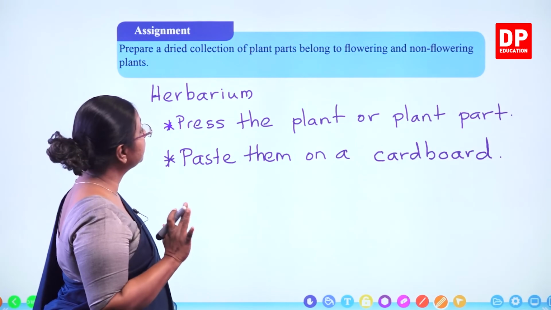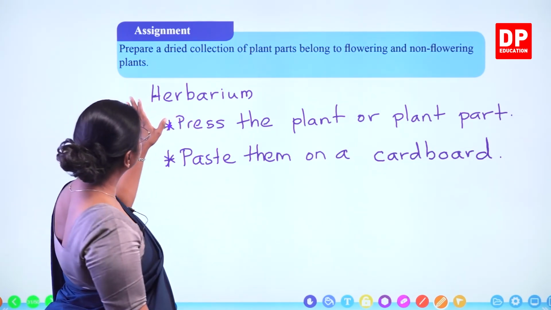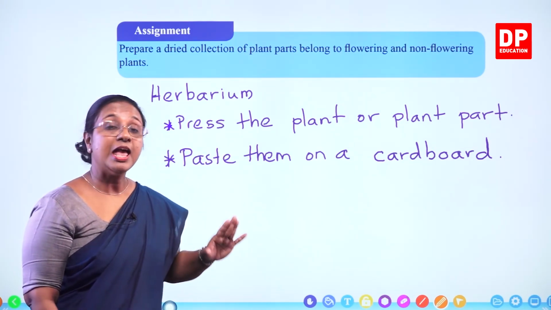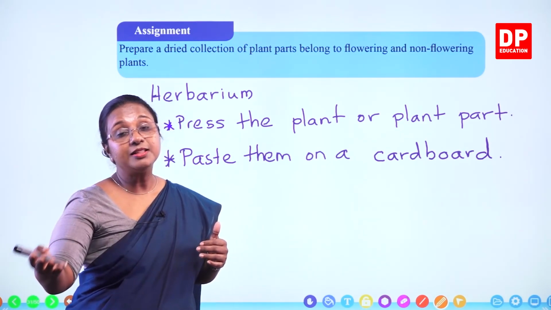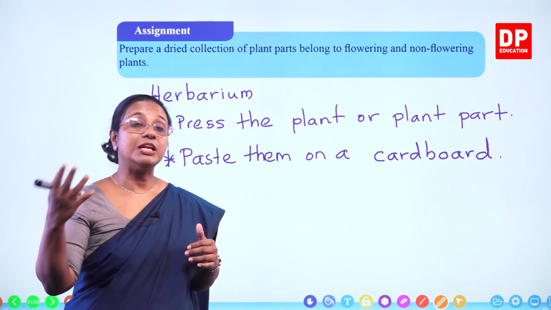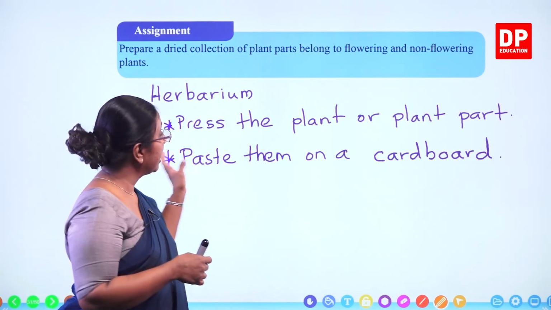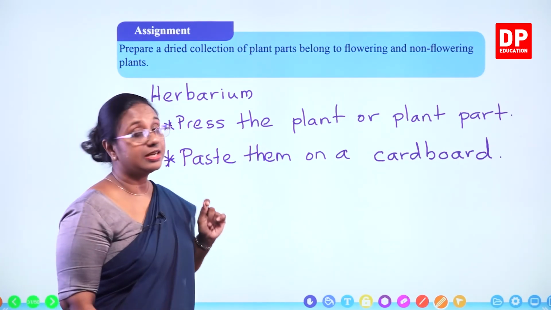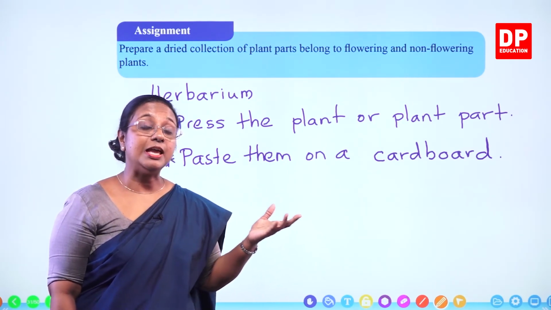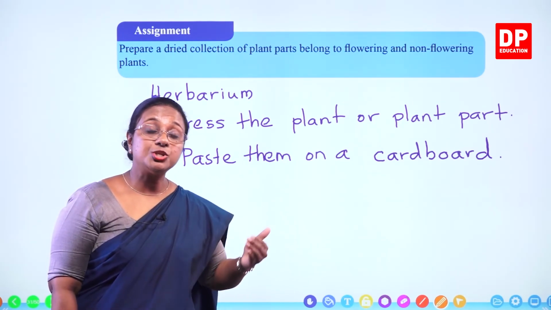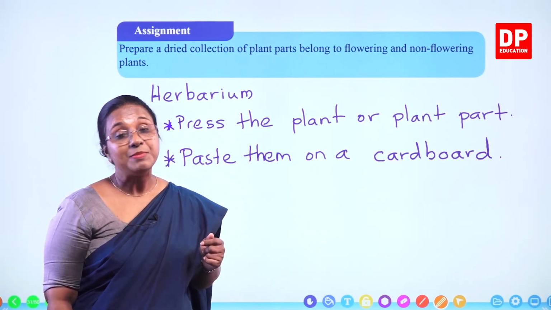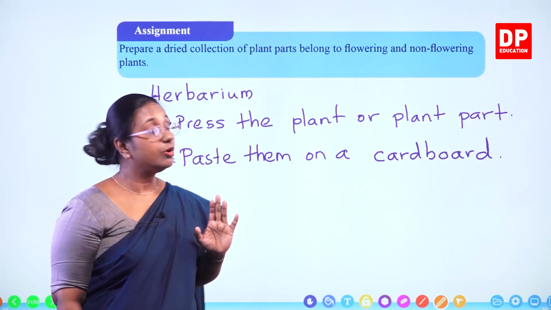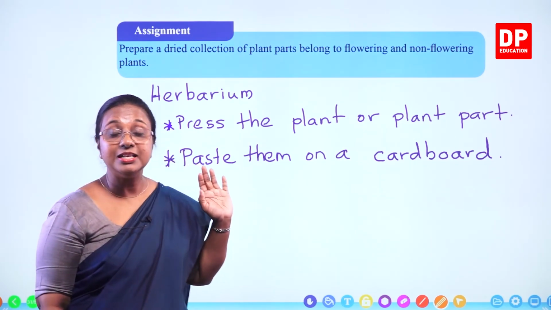When you have the information, you can go back and identify the plant as well as use it as a reference. Say you find another flower or a fruit or a leaf, then you can bring the leaf and compare it with all these dried collections, and then you will be able to identify to which group that particular leaf or plant part belongs. That is the whole purpose of making this dried collection.